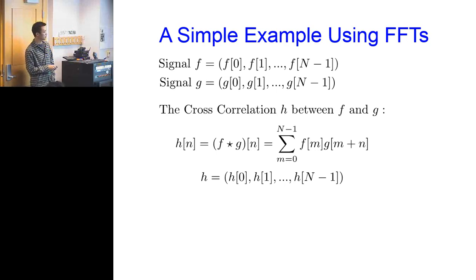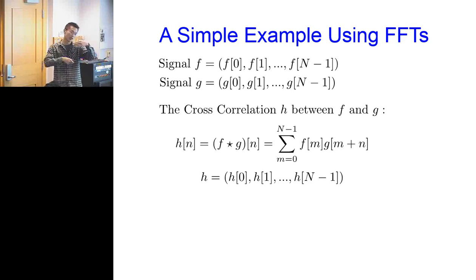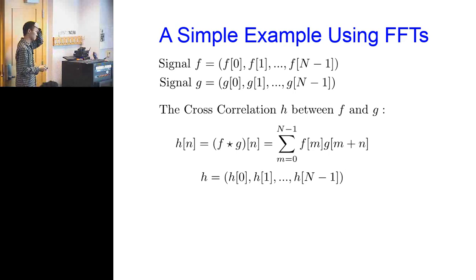At each position n, H_n is equal to this formula, which basically corresponds to taking the two signals F and G and shifting one by a fixed offset n. Then you multiply the corresponding terms and sum them over, which gives your cross correlation. In many applications, they want to calculate this quantity.